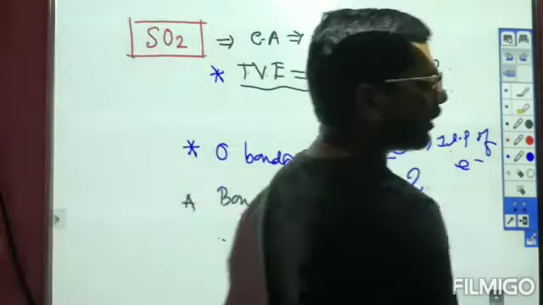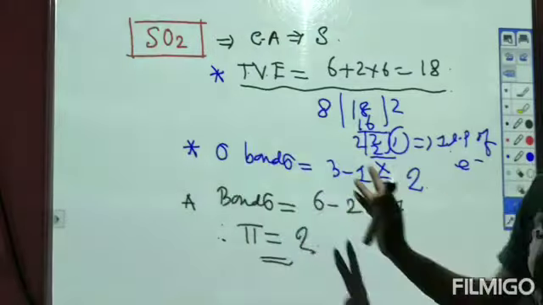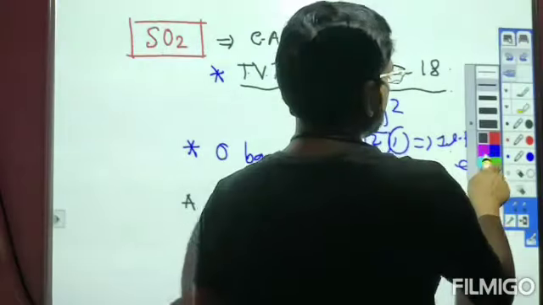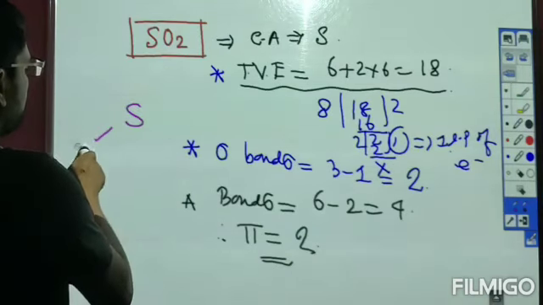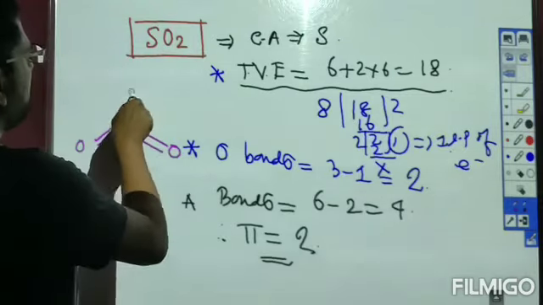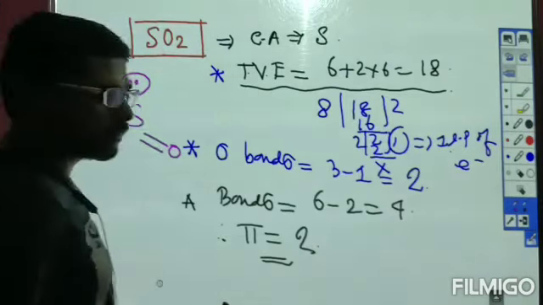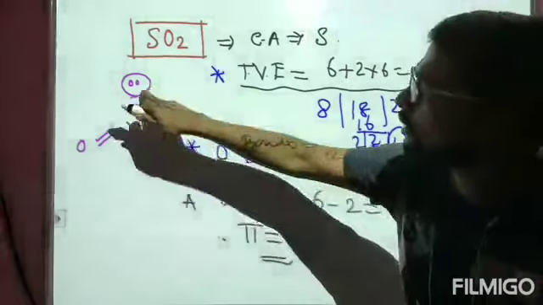So 2 sigma, 2 pi. Done. Structure down: sulfur, 1 sigma, 2 sigma, 2 pi, lone pair of electrons. That is the structure.